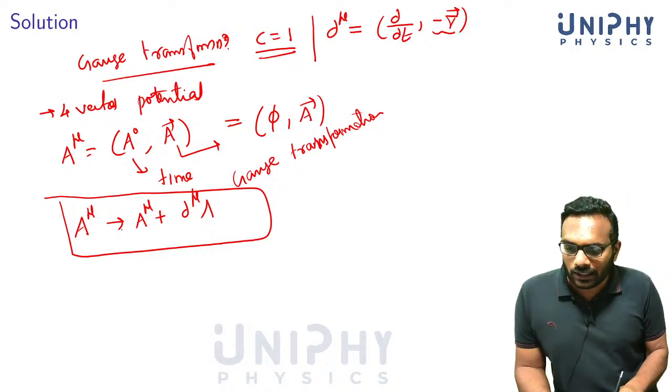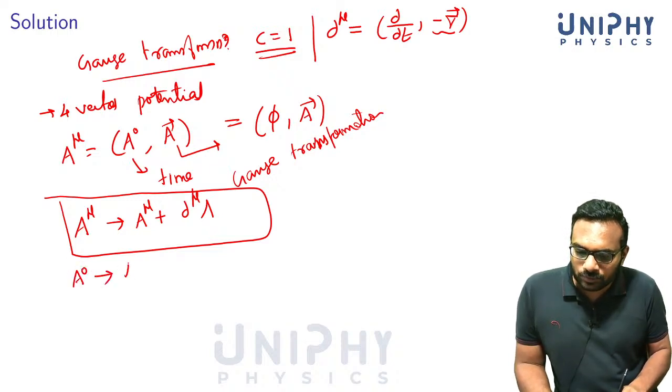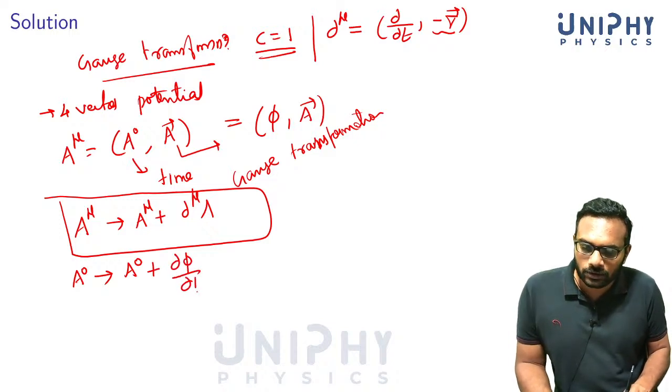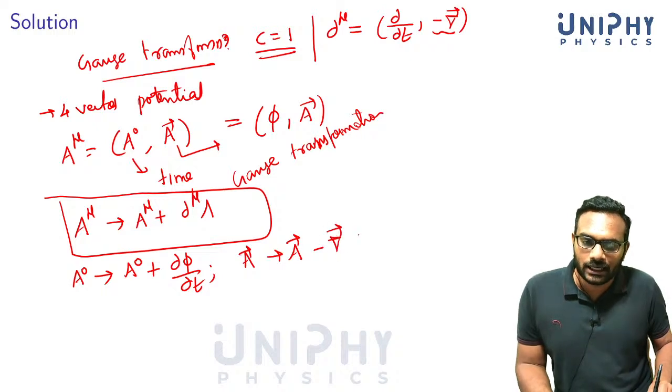All right. Now you can see that from here you know that the gauge transformation means A0 goes to A0 plus ∂φ/∂t. All right, and the A vector goes to the A vector plus... There is a minus there. So, minus del vector.